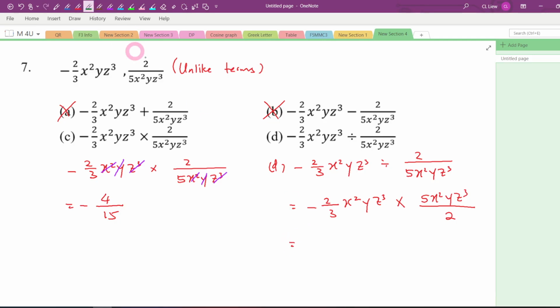Now, 2 and 2, we can simplify them. Negative times positive, you get negative 5 over 3. x squared, you get x power 4. y power 1, you get y power 2. And z power 3, you get z power 6.